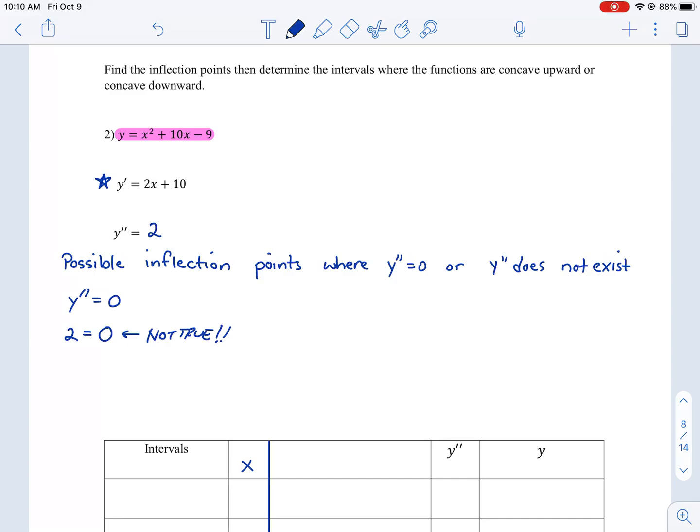Next, I'll make the claim that the second derivative exists for all values of x. And that's because the second derivative is equal to 2 for all values of x.